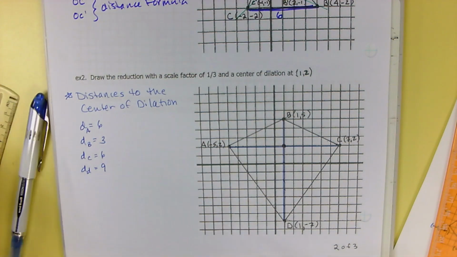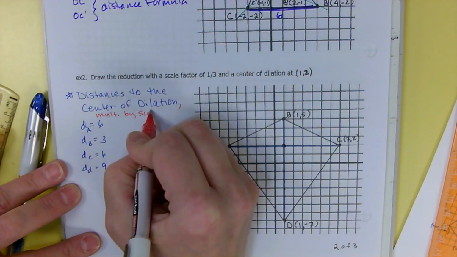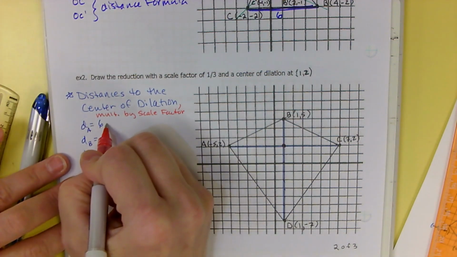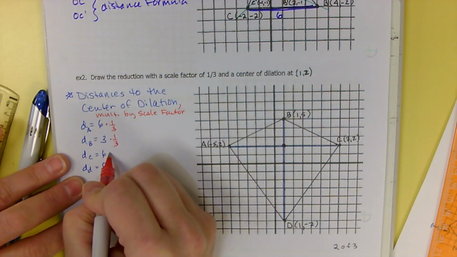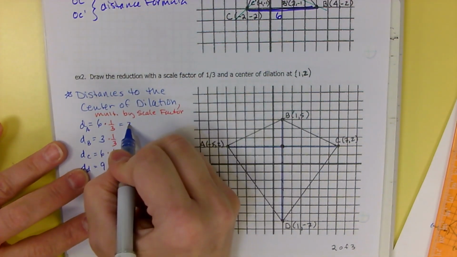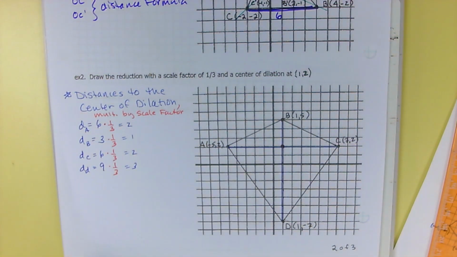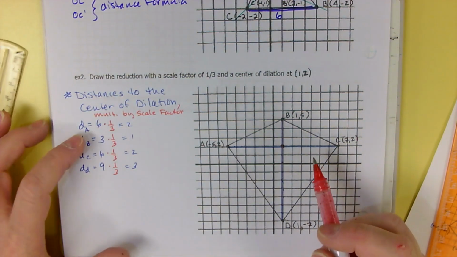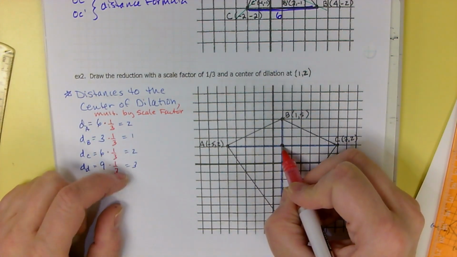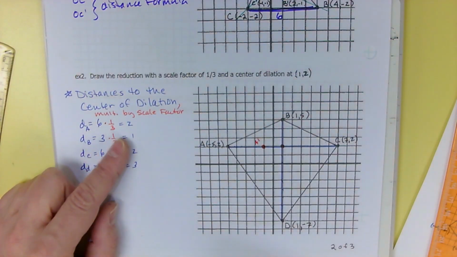And then multiply by the scale factor, which in this case is a third. So I'm going to multiply 6 times a third, 3 times a third, 6 times a third, and 9 times a third. What I get is 2, 1, 2, and 3. Okay, so from the center of dilation to my new distance A is going to be 2. So starting at the center of dilation, count 2 spaces, and that is my A prime.